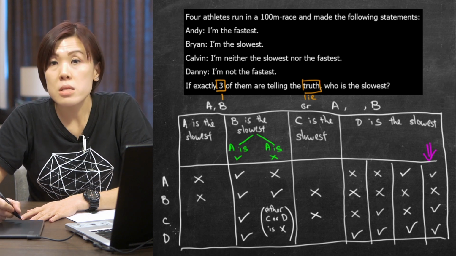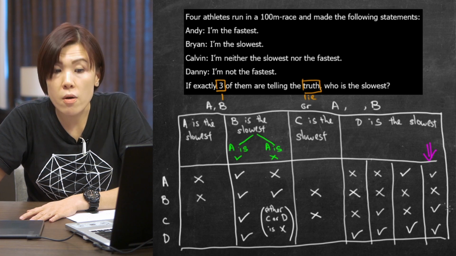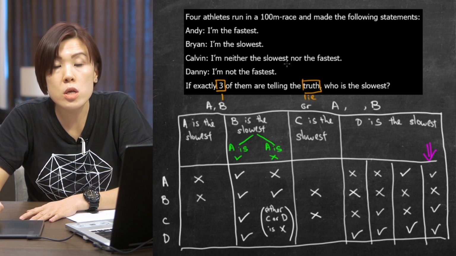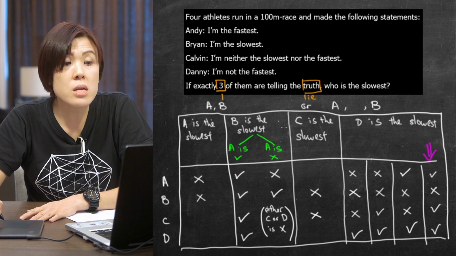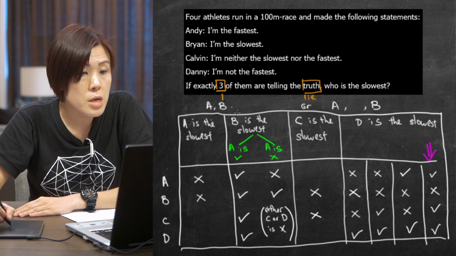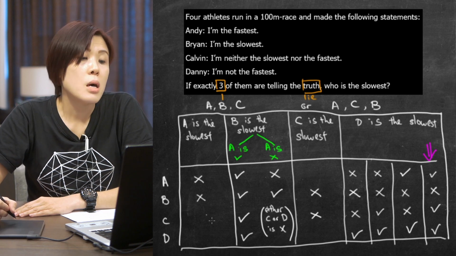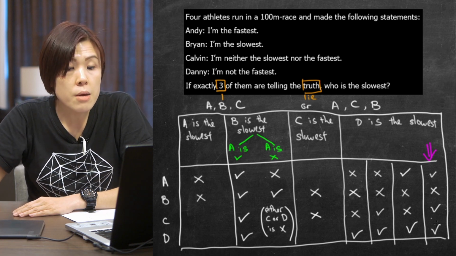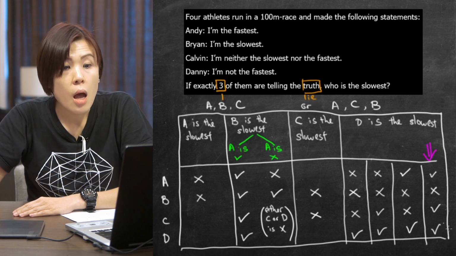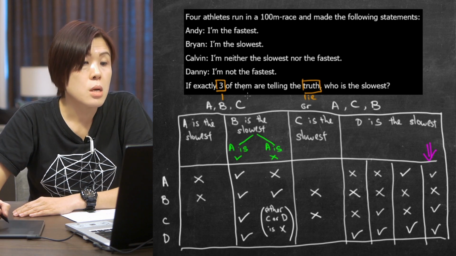And then the 3rd statement made by Calvin, which we assume Calvin is telling the truth. Calvin says that I'm neither the slowest nor the fastest, which means Calvin can be either in the 2nd place or the 3rd place. And then the last statement made by Danny, which is I'm not the fastest, and our assumption is Danny is the slowest.